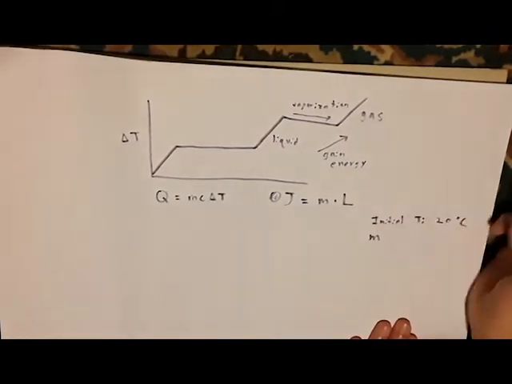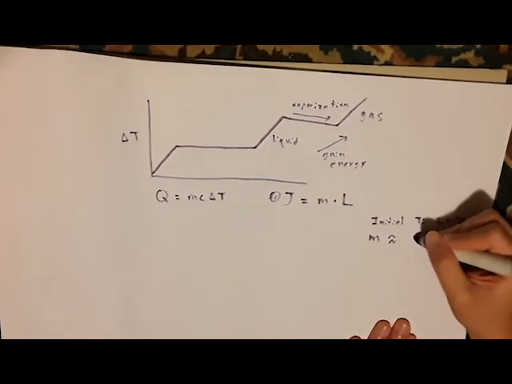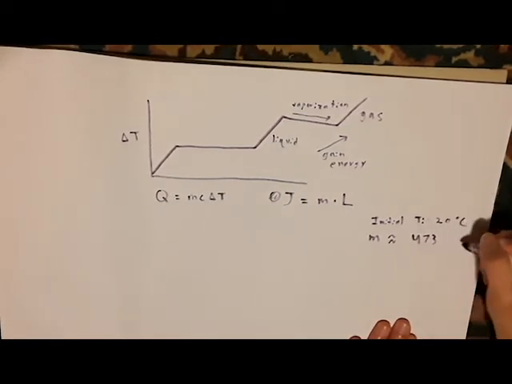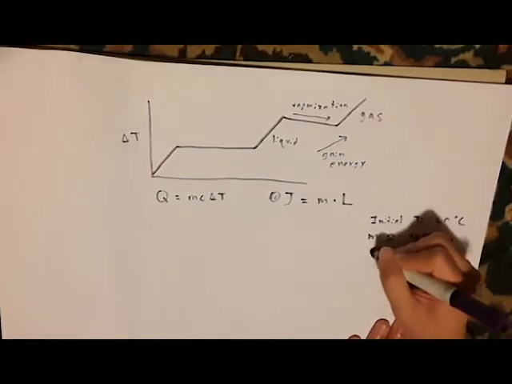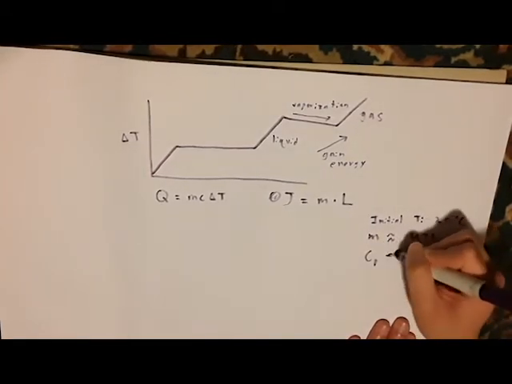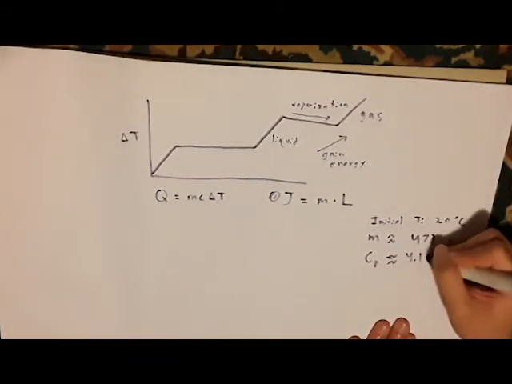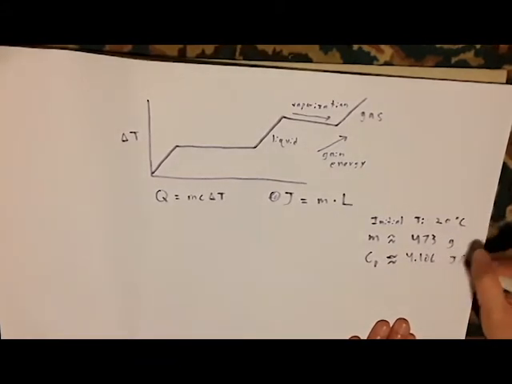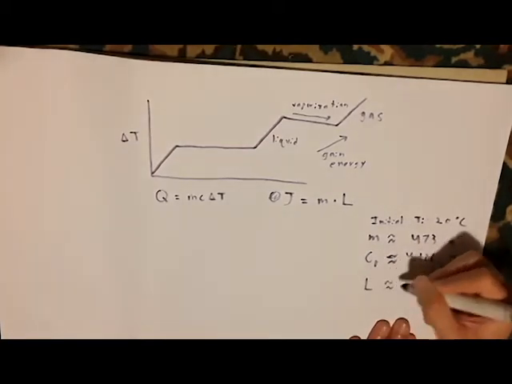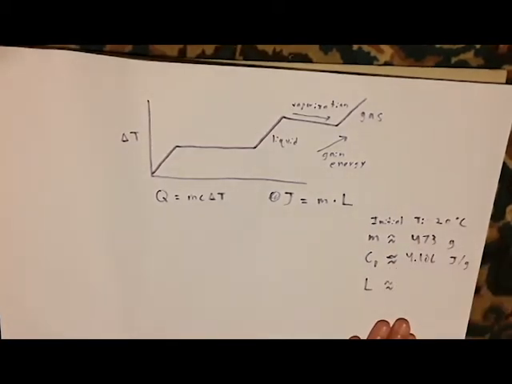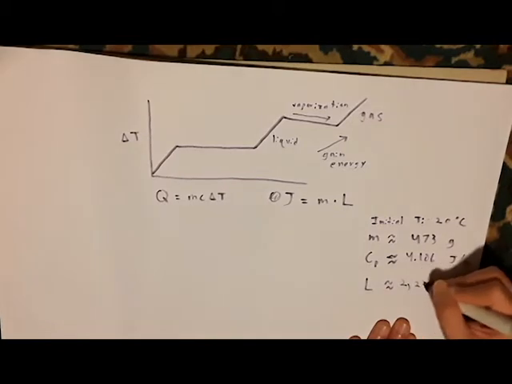And then the mass will be 473 grams. And the specific heat of water will be 4.106 joules per gram. And then the latent heat of water will be 2,230 joules per gram.